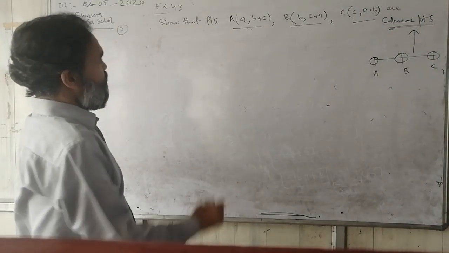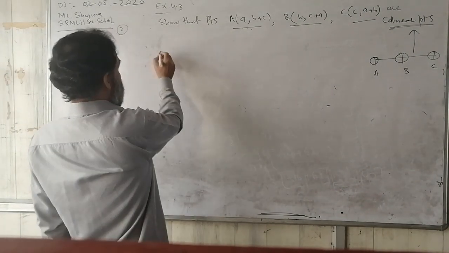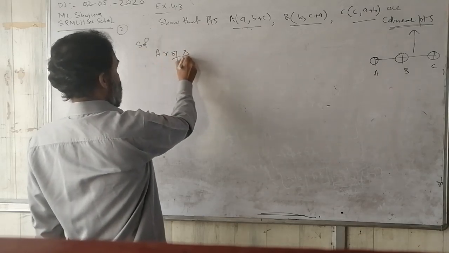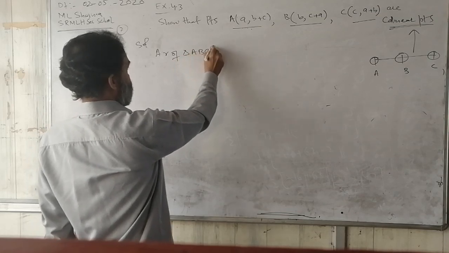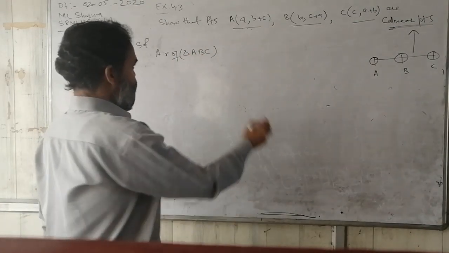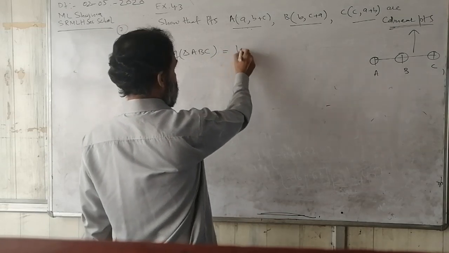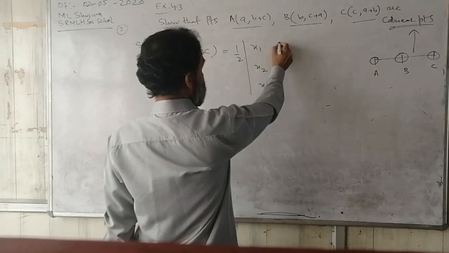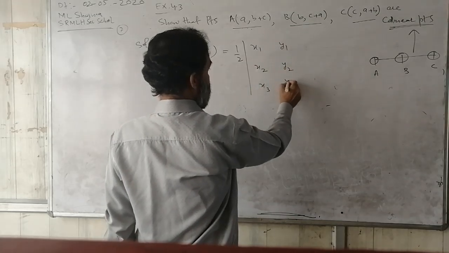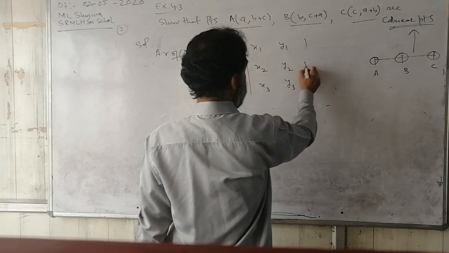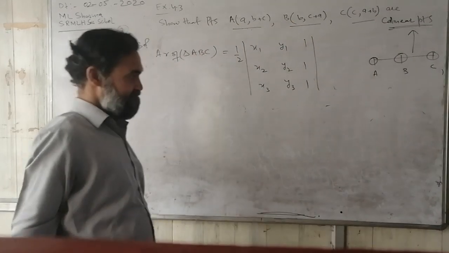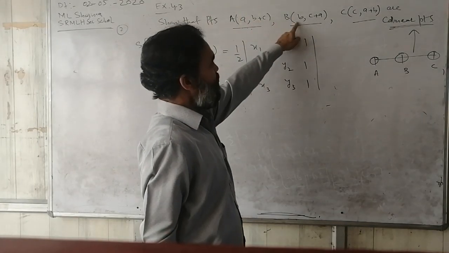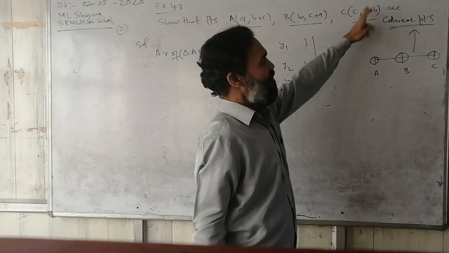For this, again, the area of triangle ABC using the formula is given by this determinant with x1, y1, x2, y2, x3, y3.